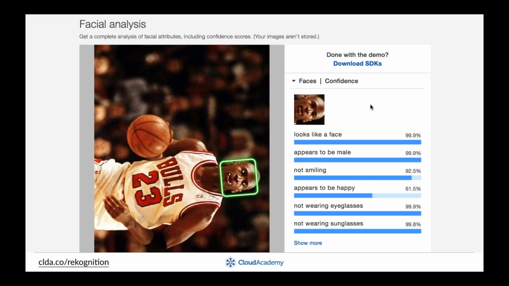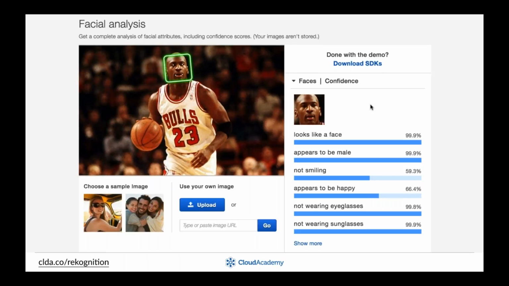Again, if I rotate the image, face detection is also rotation invariant. So this is very interesting for the very same reasons. You don't really need to care how your image is oriented. You just upload it. If there is a face, it will be detected, even at 180 degrees, so even a complete rotation or mirroring.